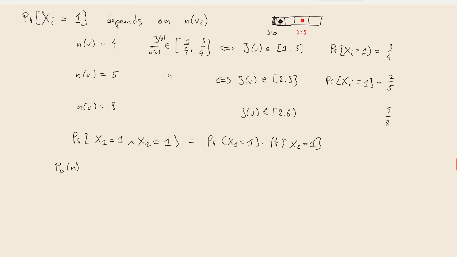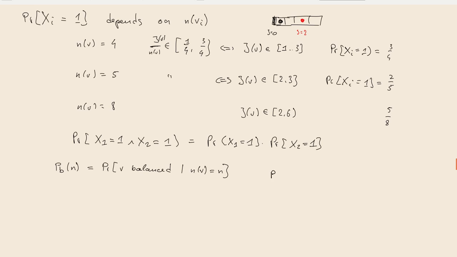The only problem is that the size of the sublist determines this discretization effect, right? So we can define the probability for a node to be balanced, given that its size is exactly this n. So the B stands for balanced, right?